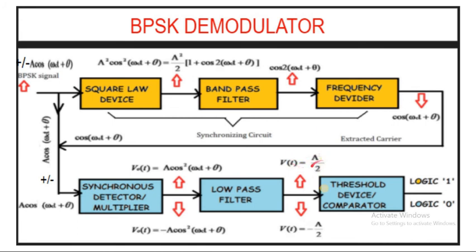This voltage is then applied to a comparator or threshold device whose threshold value is set to 0 volt. A by 2 is greater than the threshold value. The device gives the output logic 1.